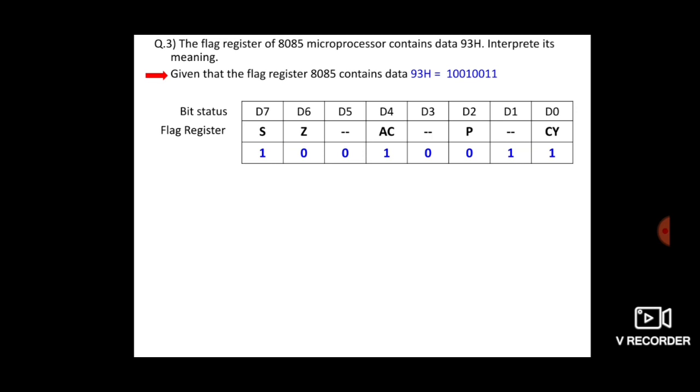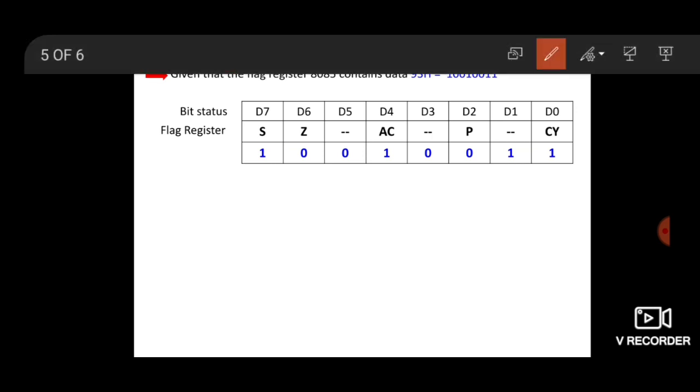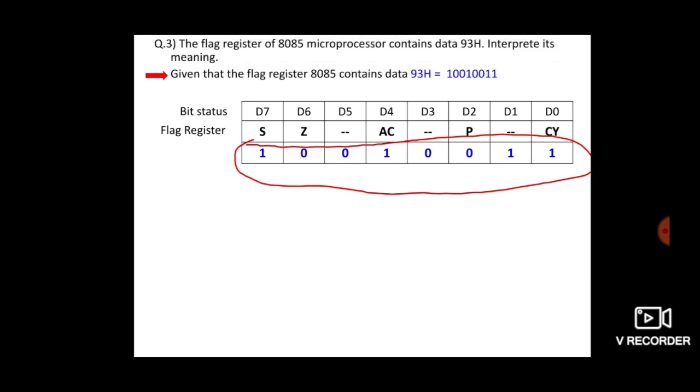Now write this 93 value in the column below the flag register, that is, 1001 and 0011. Now write the reason for each flag, whether it is set or reset.